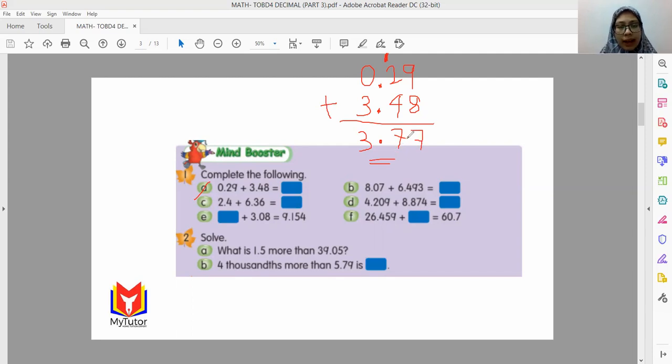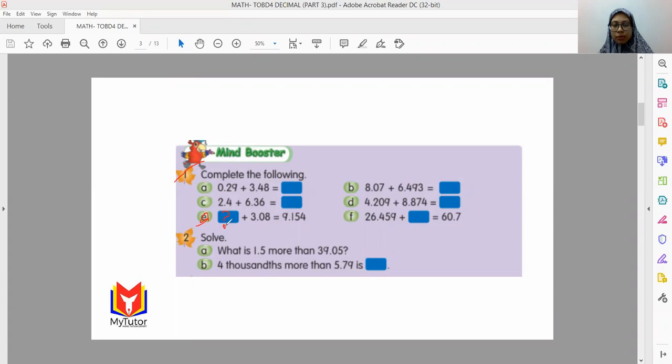This is pretty easy. Let's try something more complicated. Let's do 1E. Number 1, E, over here.